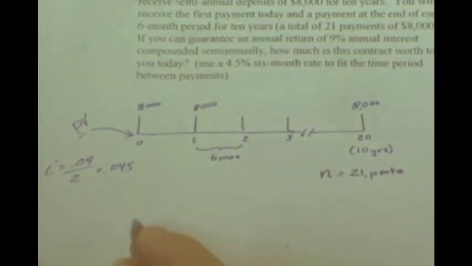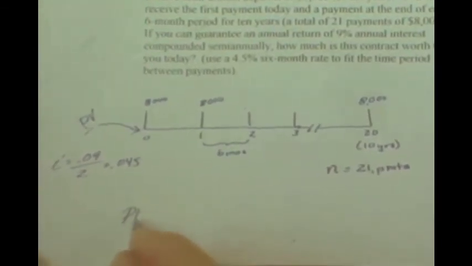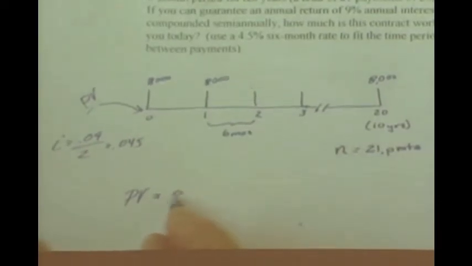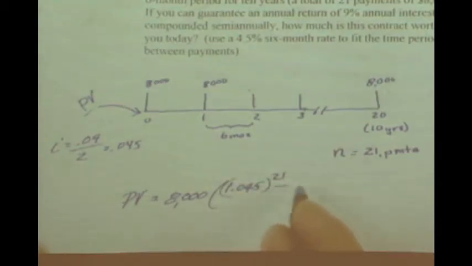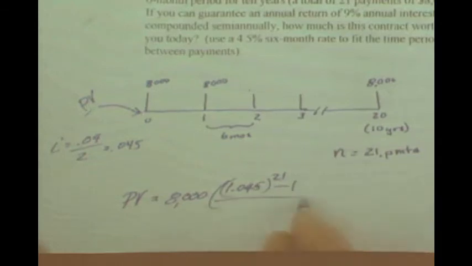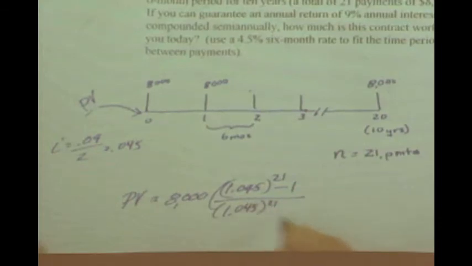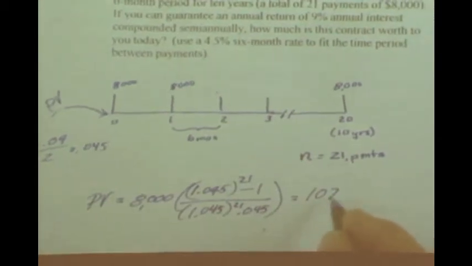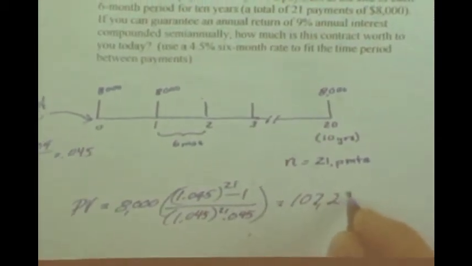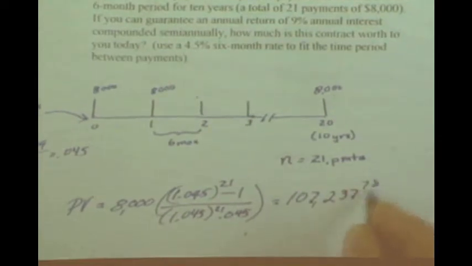Well, the present value equation, I use 21 for my exponent. I throw the present value equation at this and we get $107,237.78.